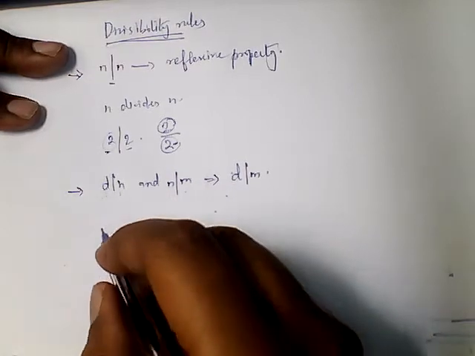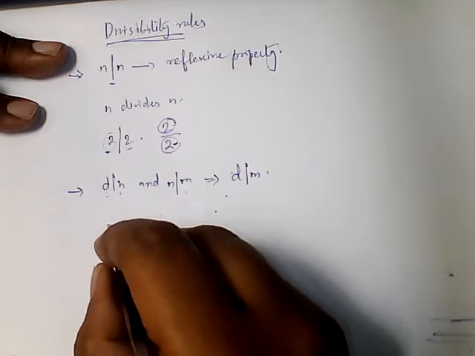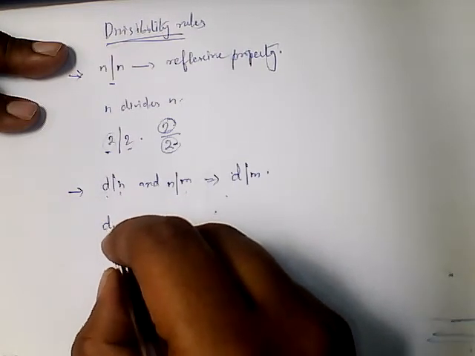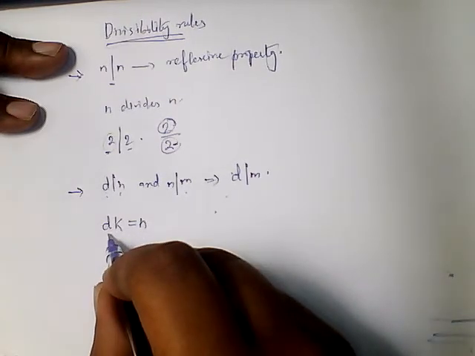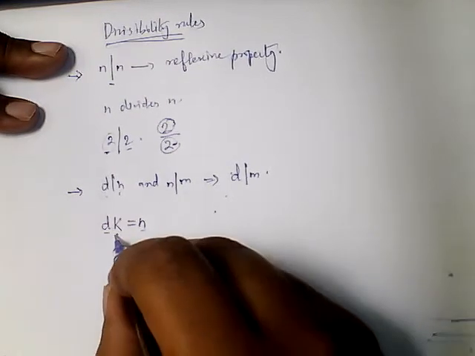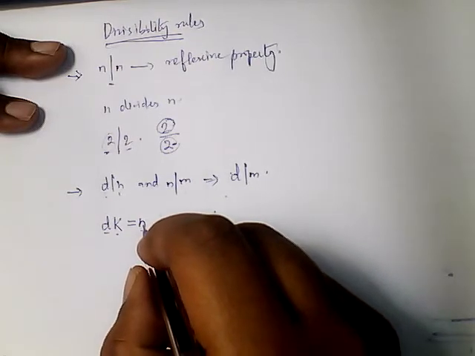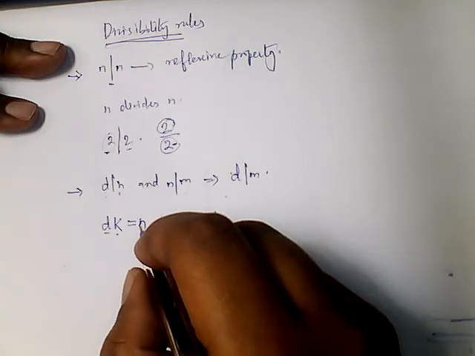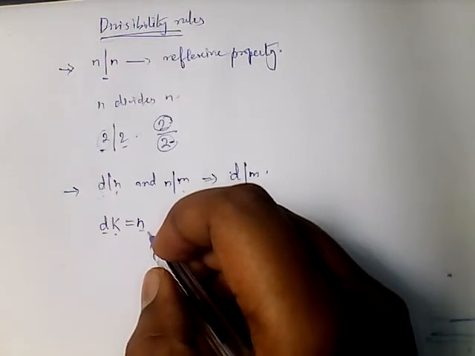Let's say that d divides n, so there must be some integer k such that d times k equals n. We can say that d is dividing n by some number k, where k belongs to the integers. Throughout this number theory content, we are going to deal mostly with positive integers.